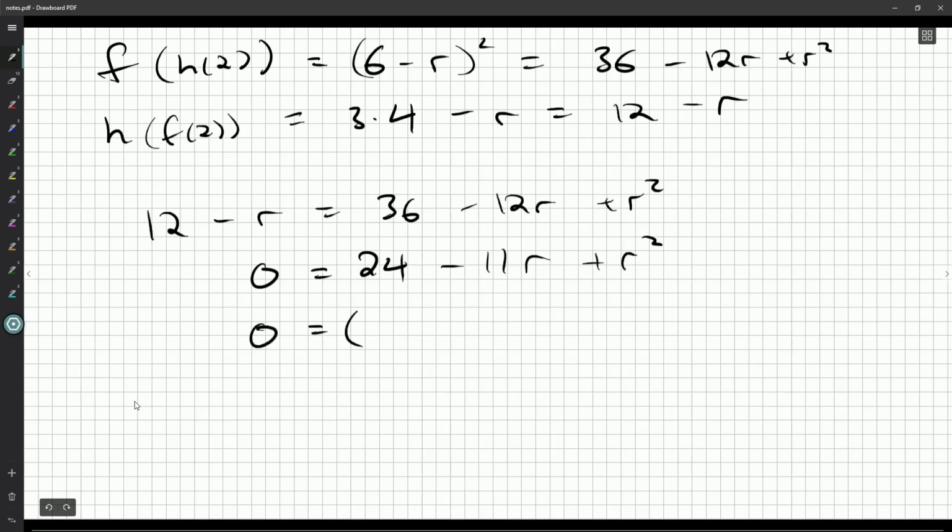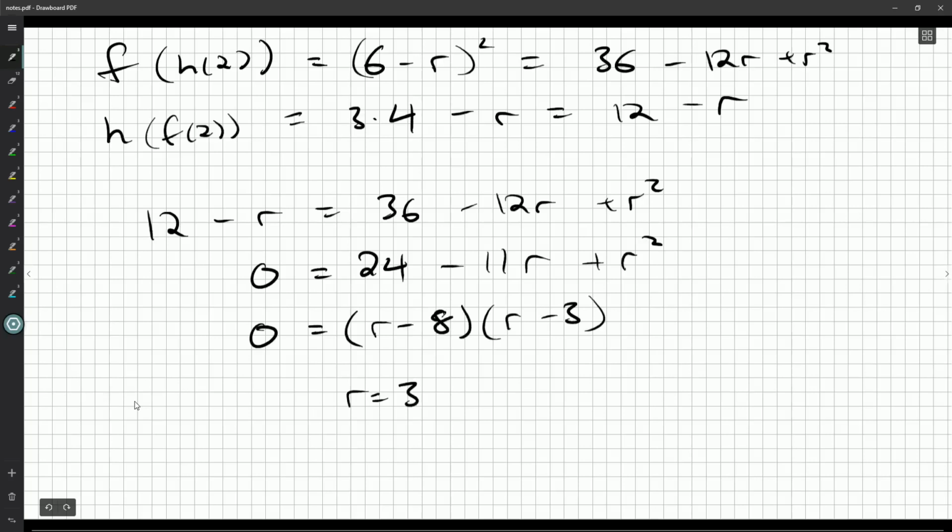This should be factorable. Oh, maybe it can't be. Two numbers multiplied... oh, negative 8 and negative 3. That'll do it. I was thinking 12 and 1, but obviously that didn't work out.